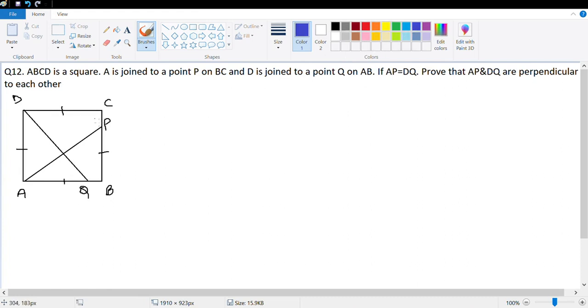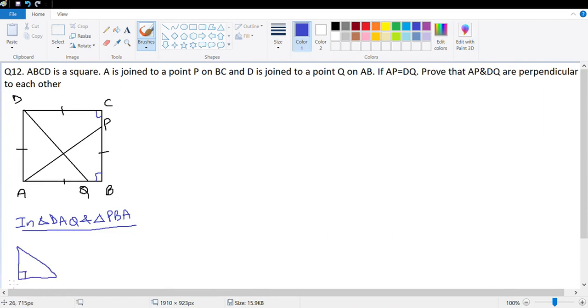We know that the vertex angles are 90 degree. So let's look at these two triangles, triangle DAQ and PBA. Let me draw these two triangles separately so it's easier for us to understand.